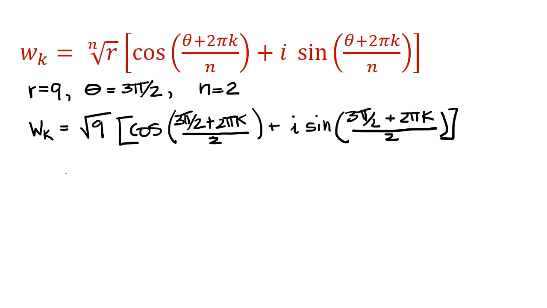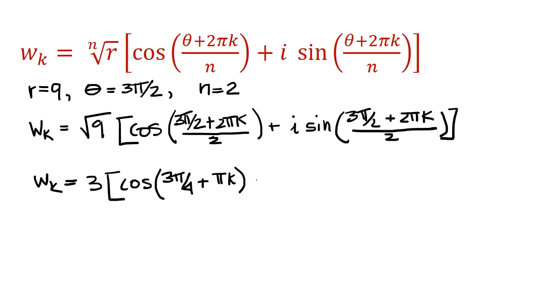So that's going to give me then w_k, and that equals 3 cosine (3 pi divided by 2, all divided by 2), which gives me 3 pi over 4 plus pi k.